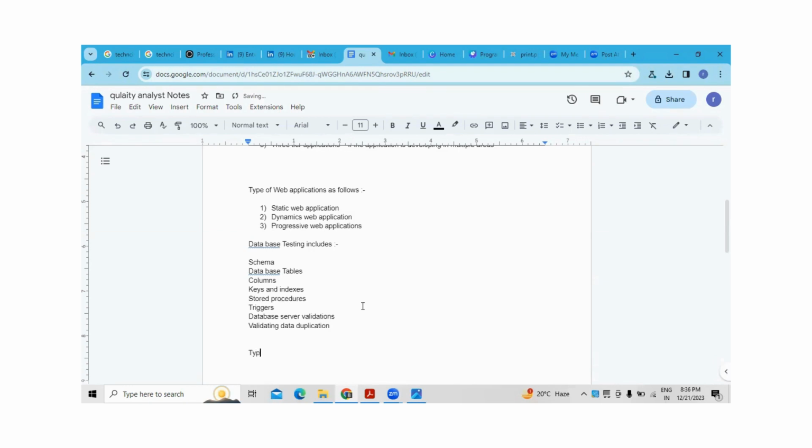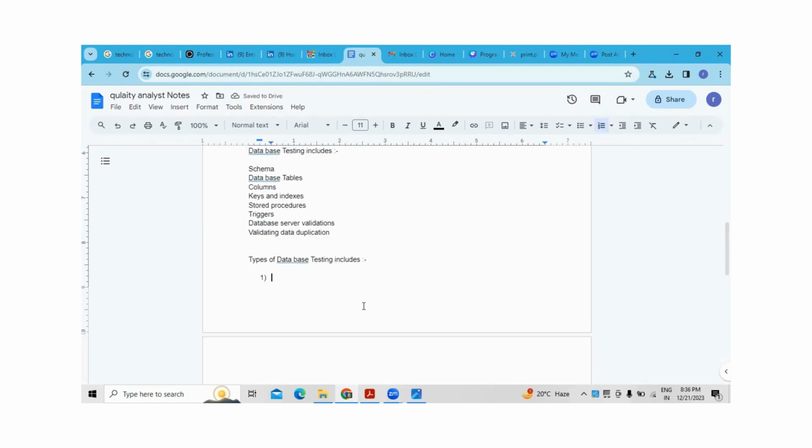Now, when it comes to types of database testing, what are the different types we have? Normally, the types of database testing are divided into three different parts. One is structural testing.